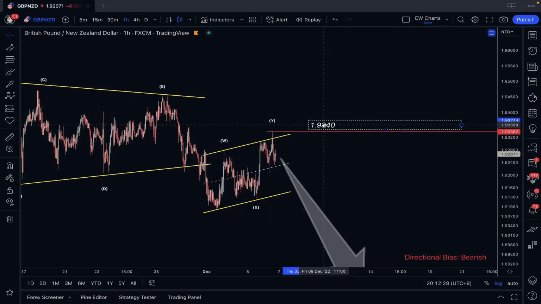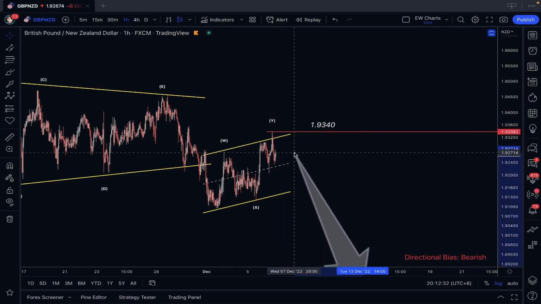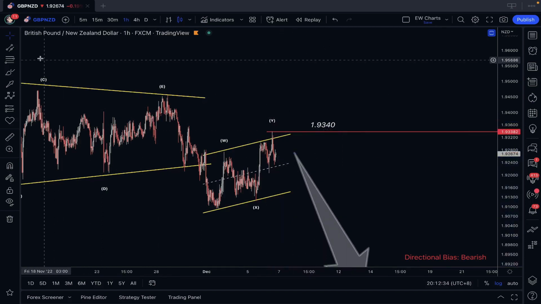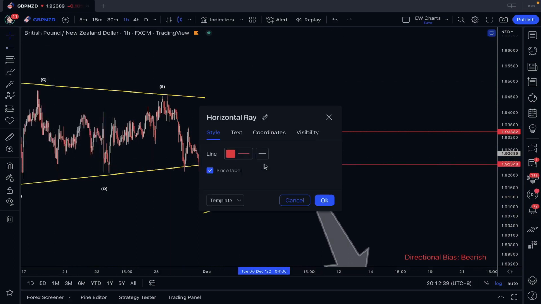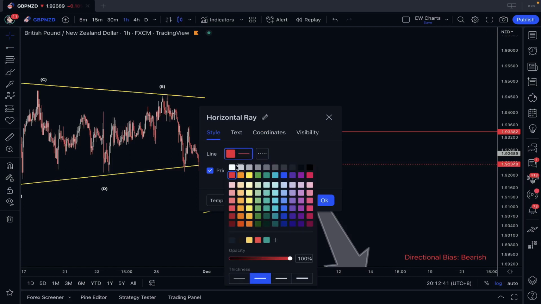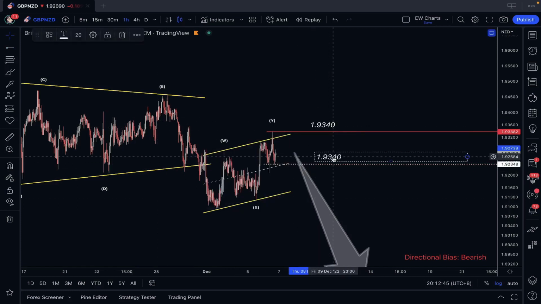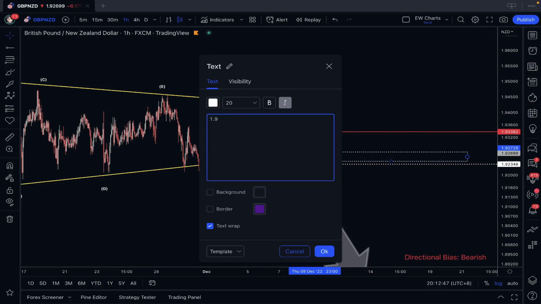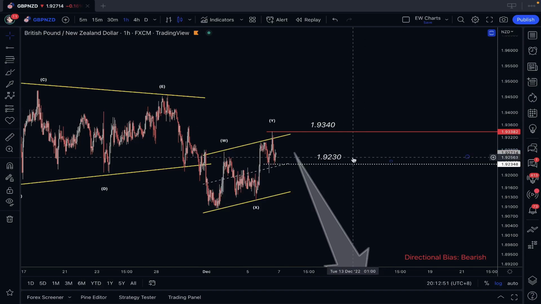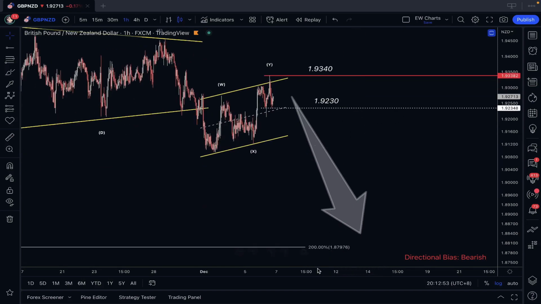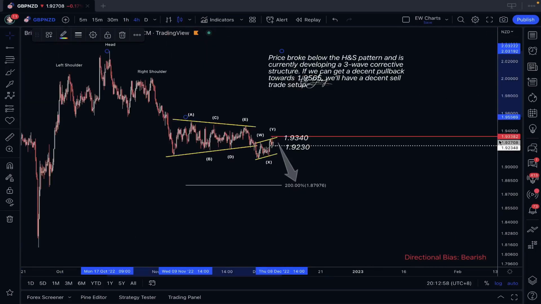The idea here is as long as the market maintains below 1.9340, we can expect a bit more of a downside. The entry over here, you can utilize a breakout entry. Around 1.9230 will be a decent breakout to the downside. And let me give you the target as well.